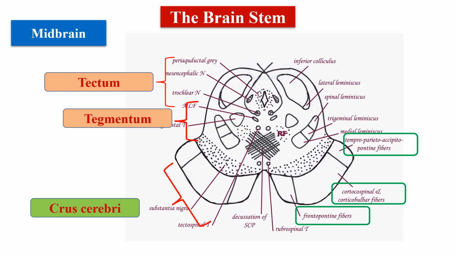That means it contains temporopontine, parietopontine, and occipitopontine fibers. The middle 3/5 contains corticospinal and corticobulbar fibers. So the structure of the crus cerebri is: medial 1/5 containing frontopontine, lateral 1/5 containing temporo-, parieto- and occipitopontine fibers, and the middle 3/5 containing corticospinal and corticobulbar fibers.